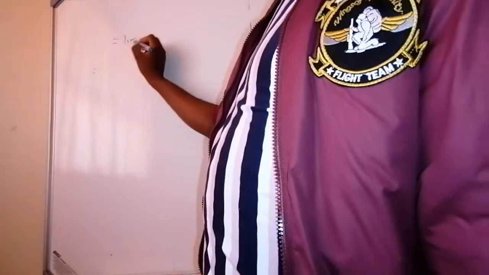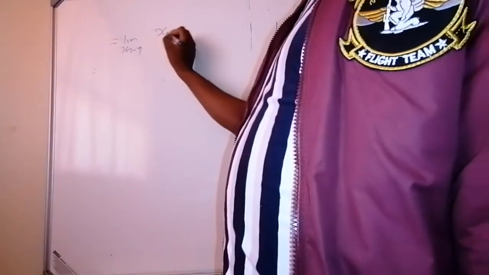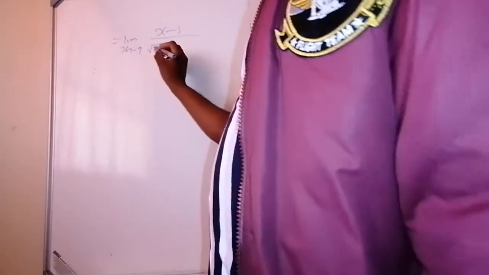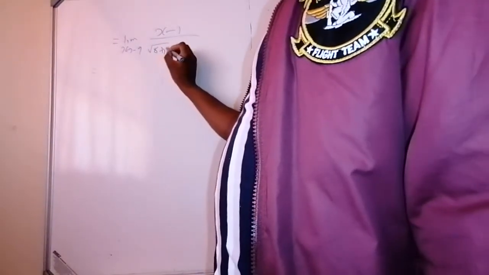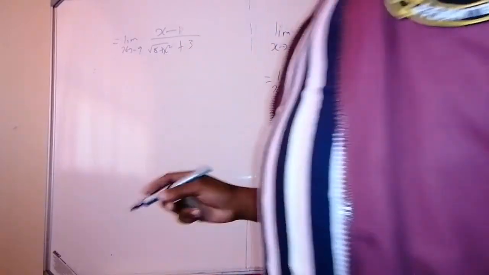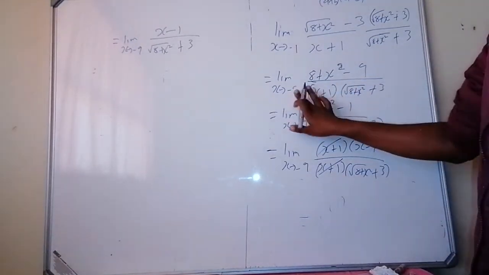So this is limit as x approaches negative 1 of x minus 1 divided by square root of 8 plus x squared plus 3. Oh, is that 9 or negative? Sorry, that's negative 1.